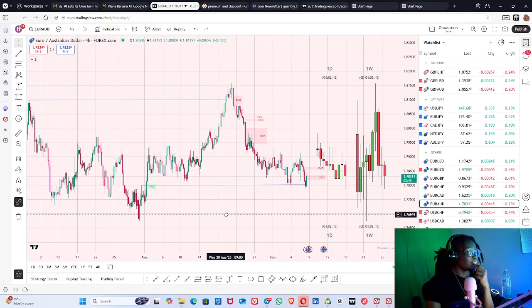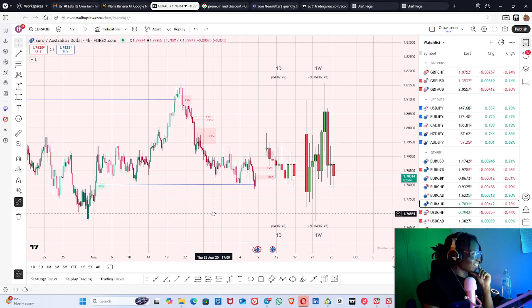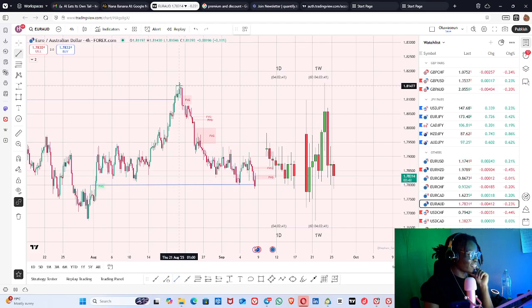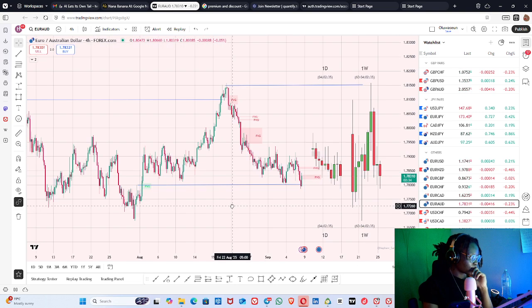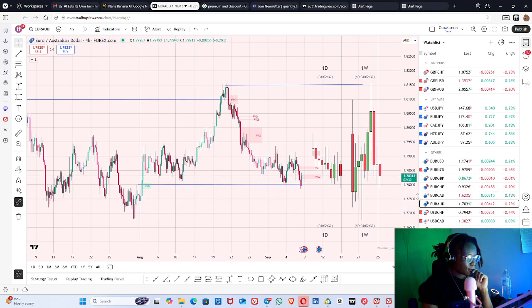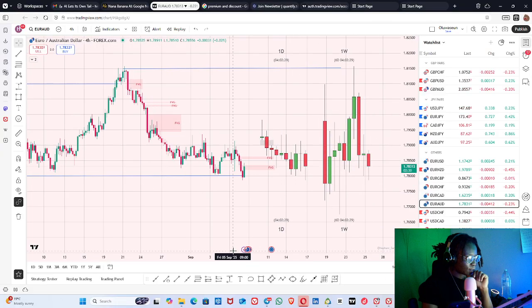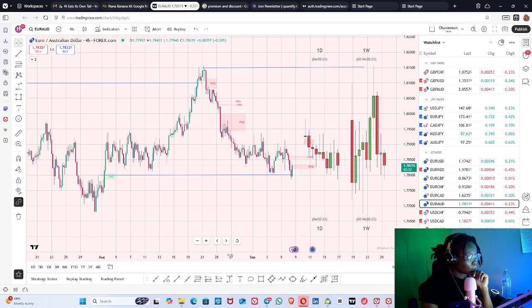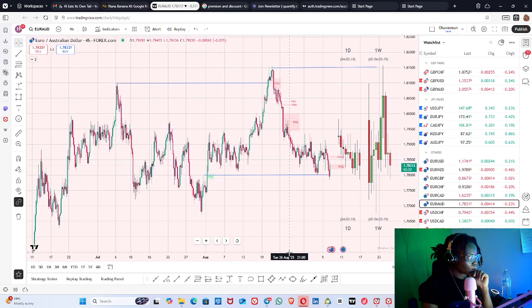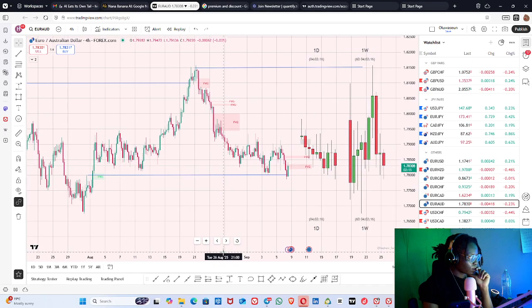Oh my, this is a very interesting structure. This structure is quite different. I wish I had entered this on my challenge account. Oh my god, I wish I'd entered this on my challenge account.